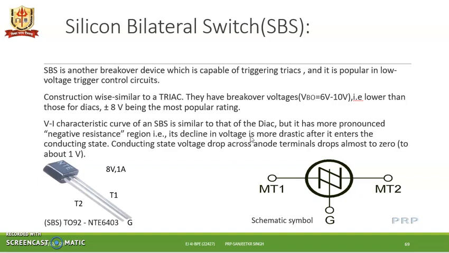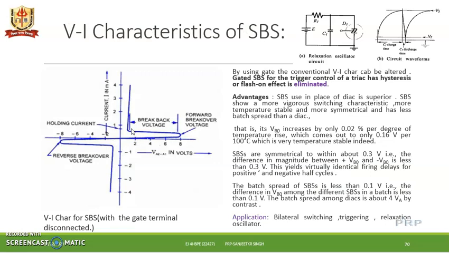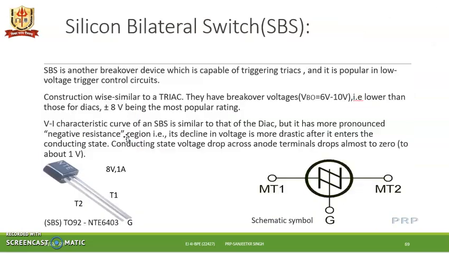Its decline in voltage is more drastic after it enters the conducting state. So when it has entered the conducting state, there is a much bigger decline in the on state voltage drop across it. It is of the order of 1 volt here, or it can be brought to the 0 to 1 volt range.